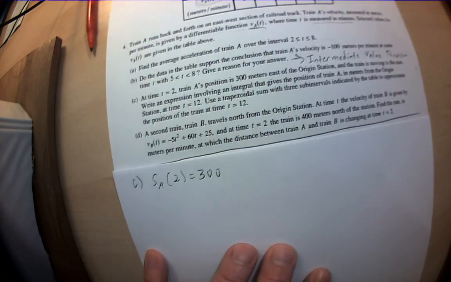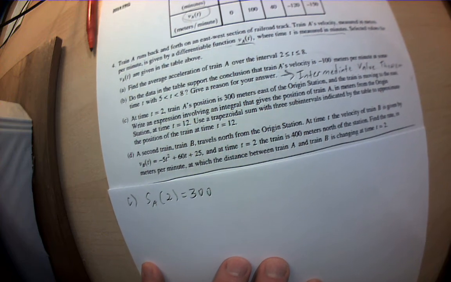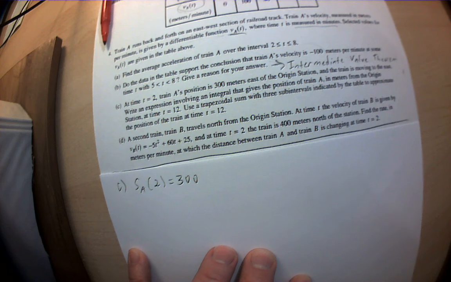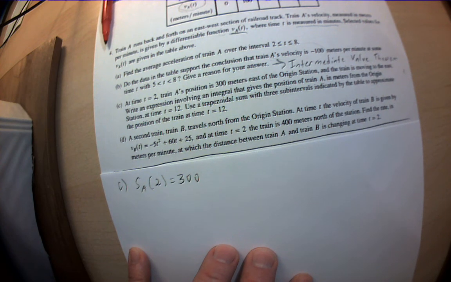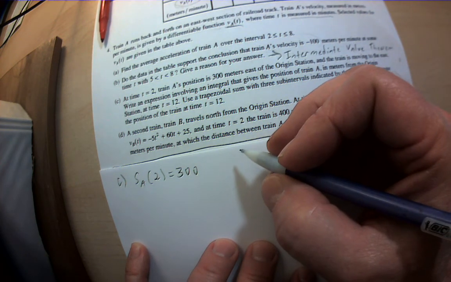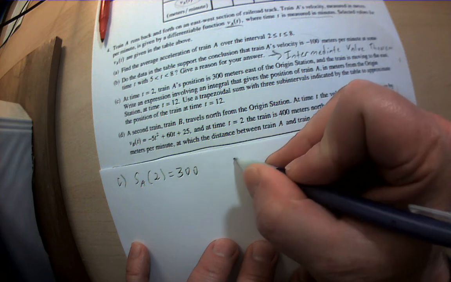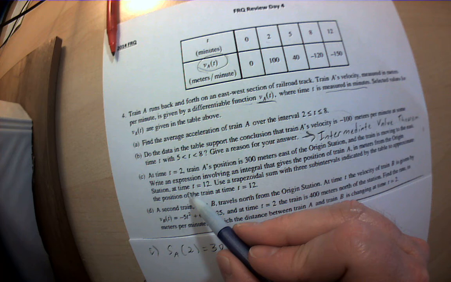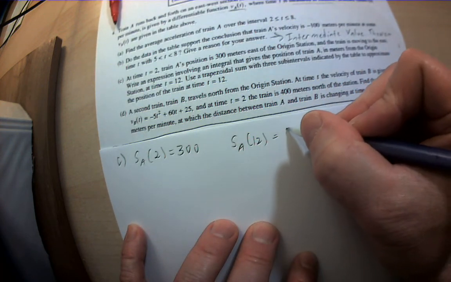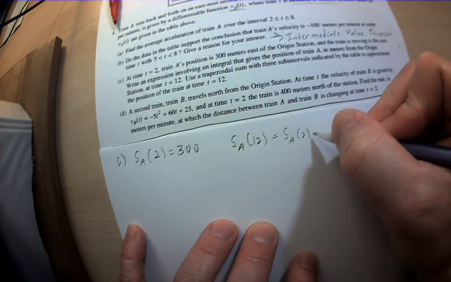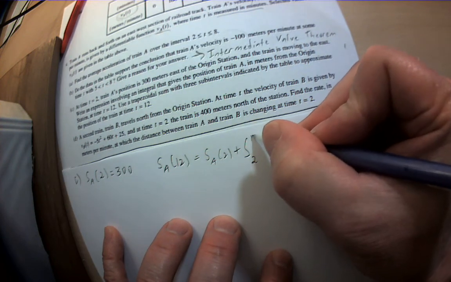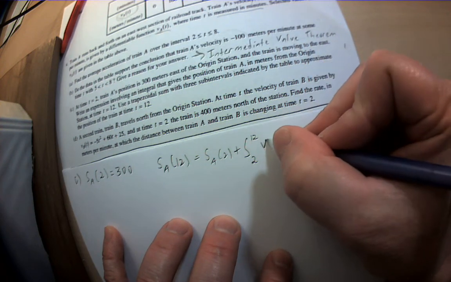Write an expression involving an integral that gives the position of train A in meters from the origin at time t equals 12. So guys, I'm looking for the position at time 12. It's going to be the position at time 2 plus the integral from 2 to 12 of the velocity.